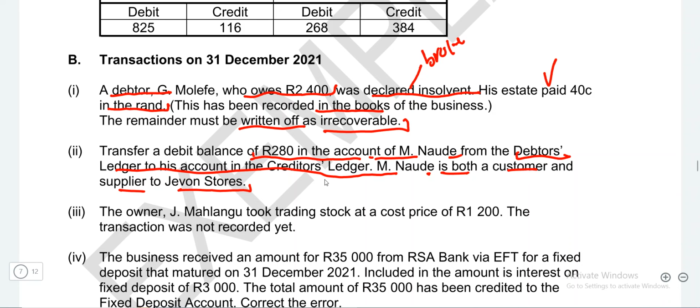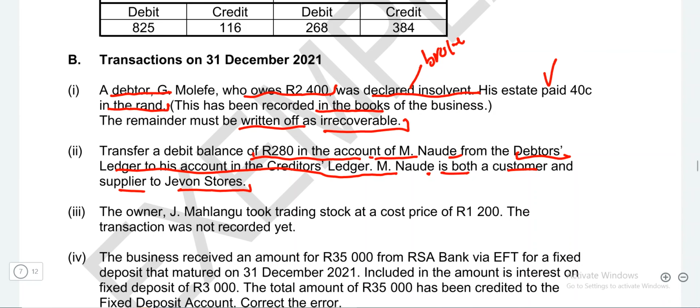So in other words, we have credited N Naude's account. Okay, so we need to debit N Naude's account as a creditor, because you credited his account as a debtor, so you must debit his account as a creditor.